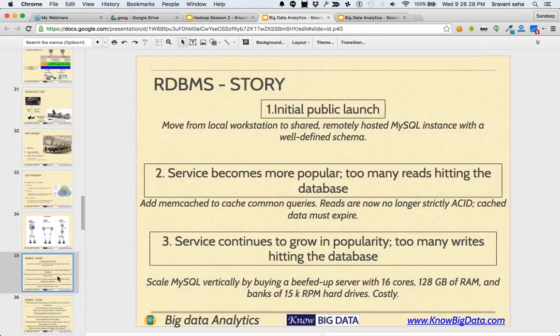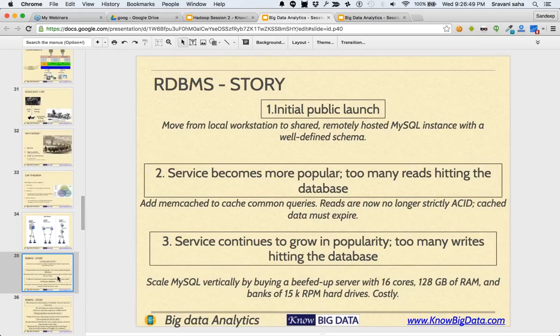So you realize, why don't we just cache the data? It's a very common phenomenon that for every request, if you have to go to the database every time the request is coming, it's an unnecessary waste of time. If you could just serve it from the memory, from the RAM, it'll be much faster.